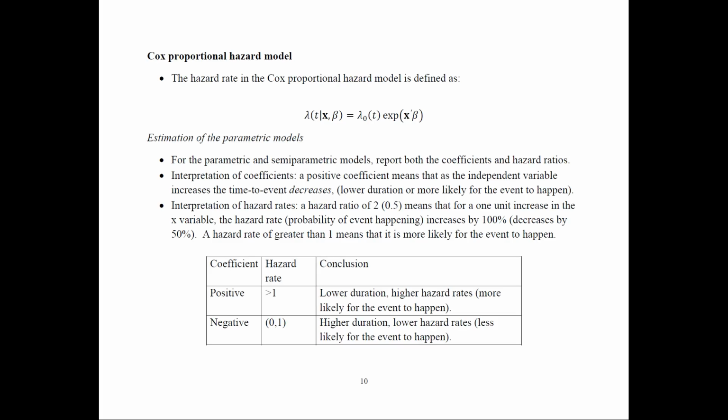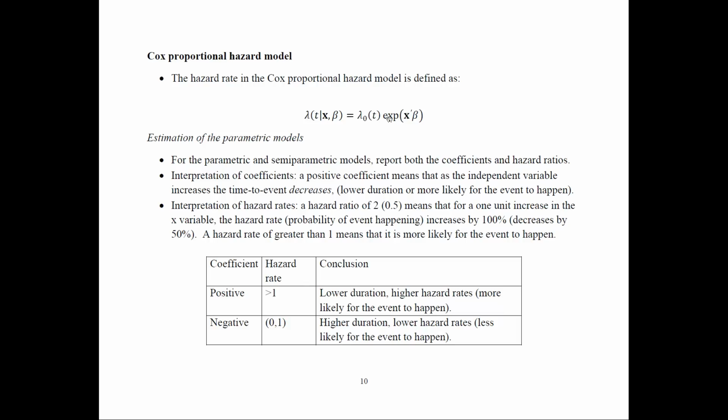The last model that I will talk about here is the Cox proportional hazard model, and the hazard rate in the Cox proportional hazard model is defined as follows. Lambda of t given x and beta is lambda 0 of t times exponent of x prime beta.